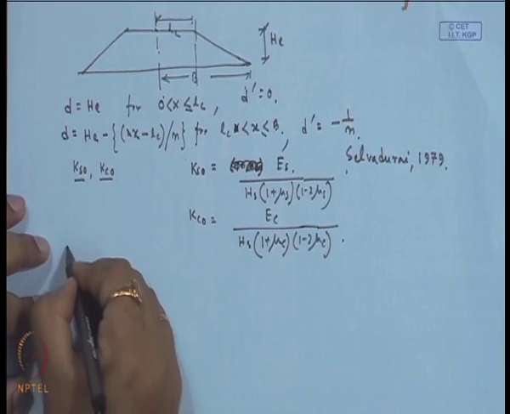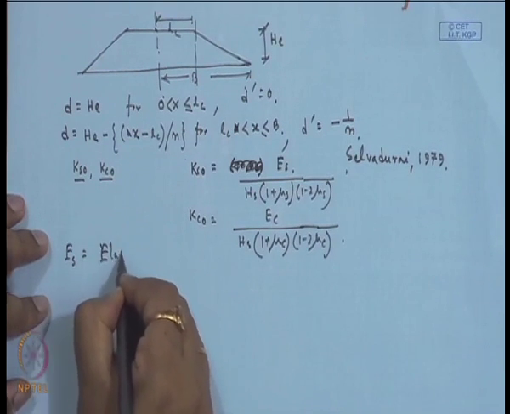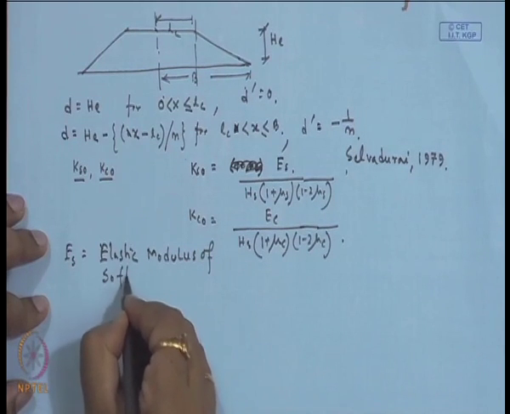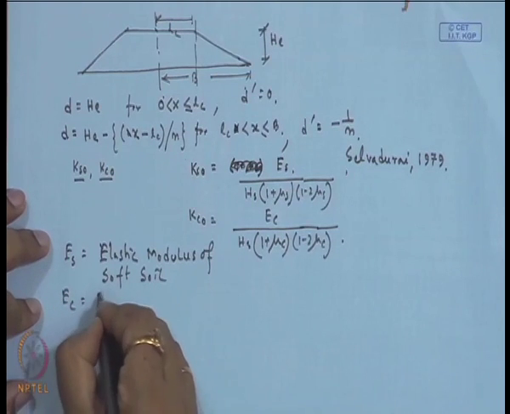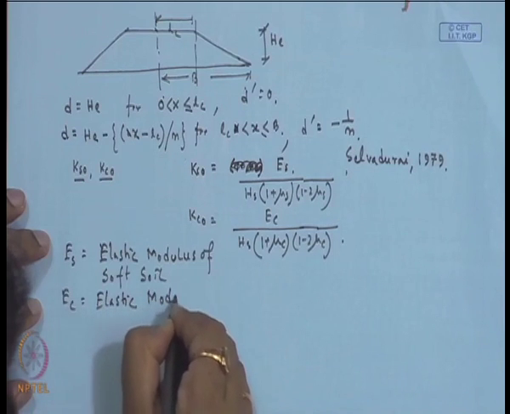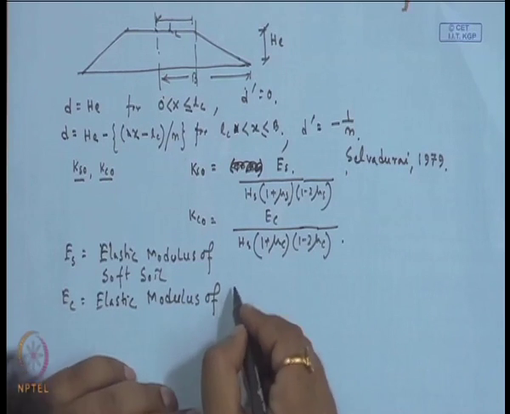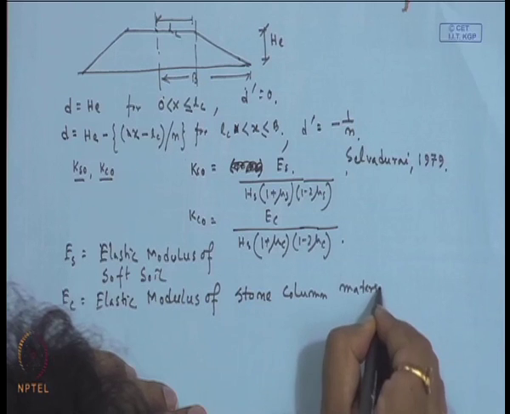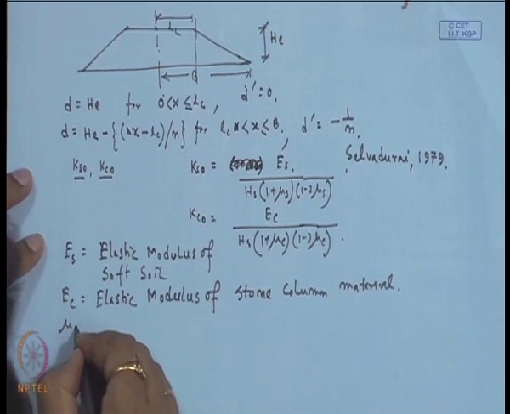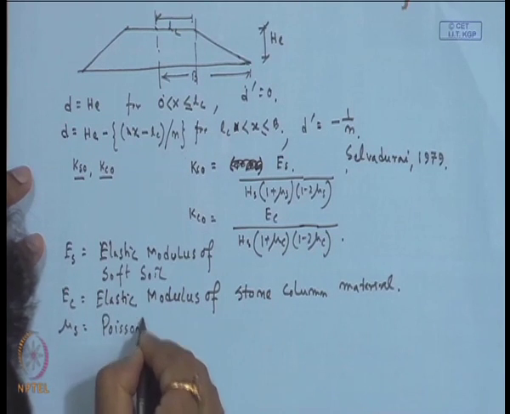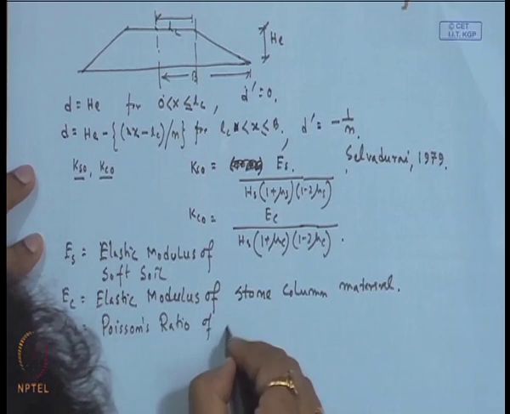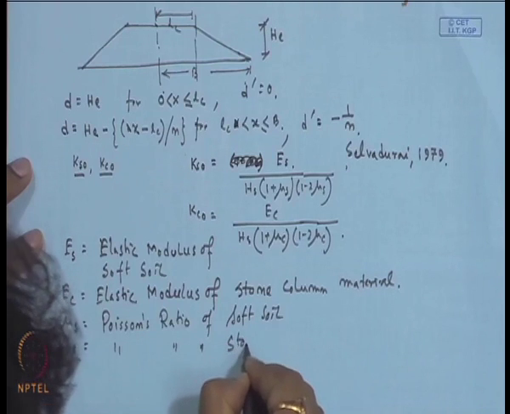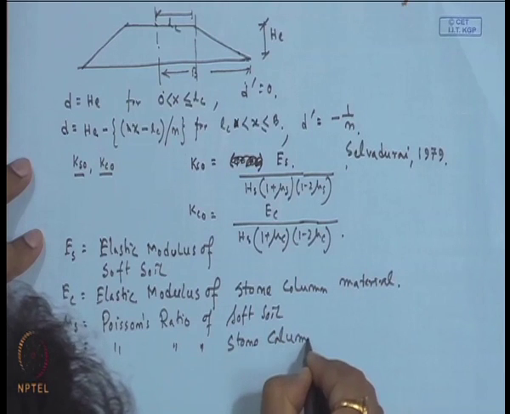Here E s is the elastic modulus of subsoil, E c is the elastic modulus of stone column material, mu s is the Poisson ratio of subsoil, and mu c is the Poisson ratio of stone column material.